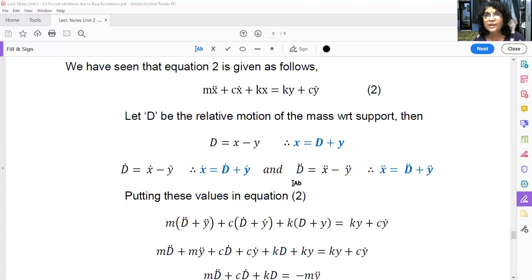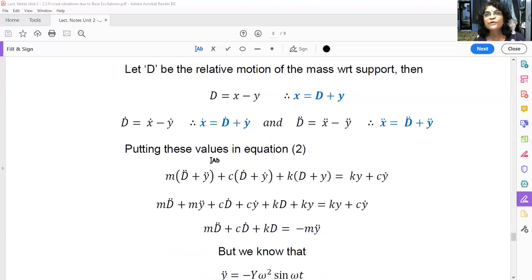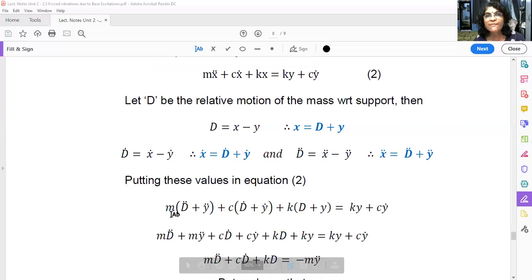Now in this equation, I want to write it in terms of relative motion. That means I have to replace x dot and x double dot. So putting the values of x dot and x double dot in terms of D and y into equation 2, what will you get? m into bracket, what is x double dot?